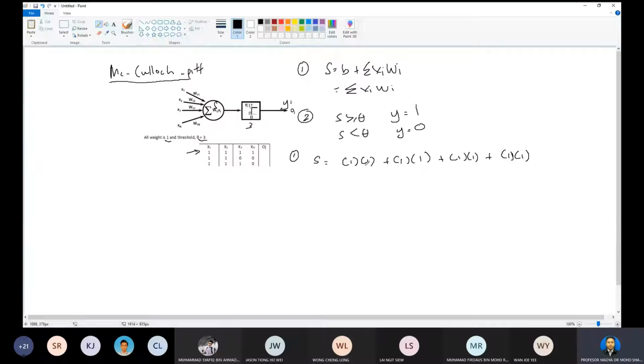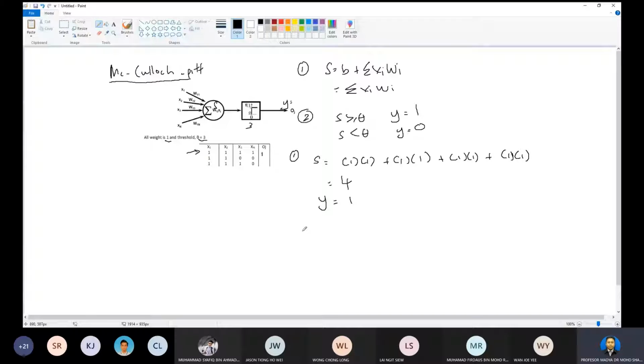So the total is 1, 2, 3, 4. So S is 4, which means Y equals 1, since it is greater than or equal to the threshold. That is for iteration number 1.